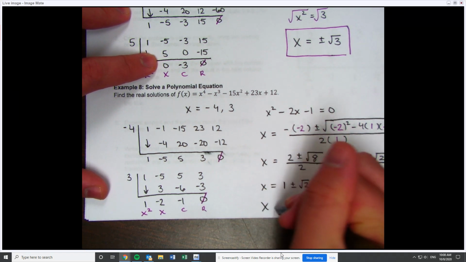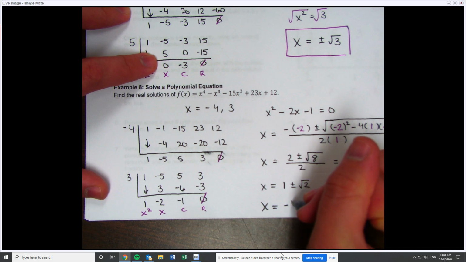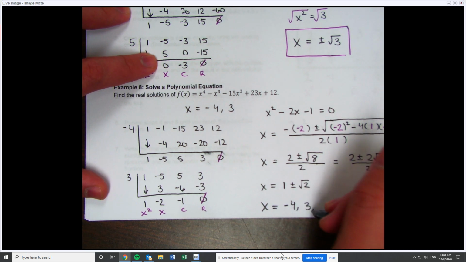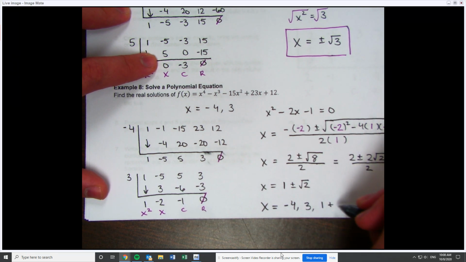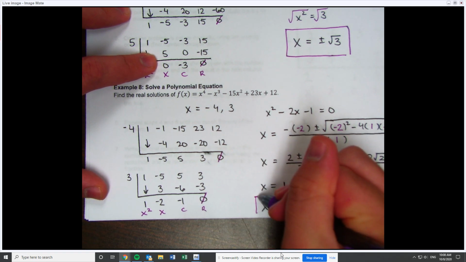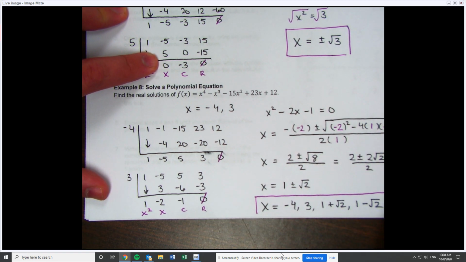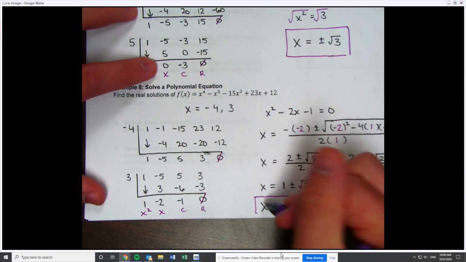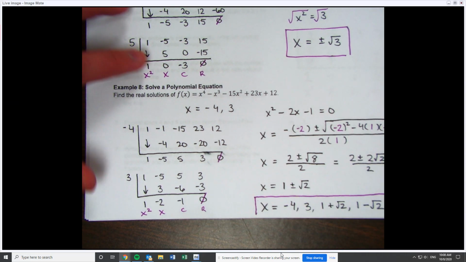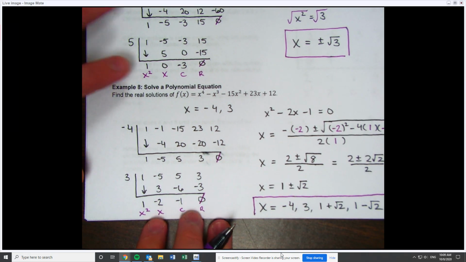So my final answer on this one, I have -4, 3, 1 plus square root of 2, and then 1 minus square root of 2. And those are all 4 of the zeros that we found in the calculator. And we're done. There's nothing else to do on that.